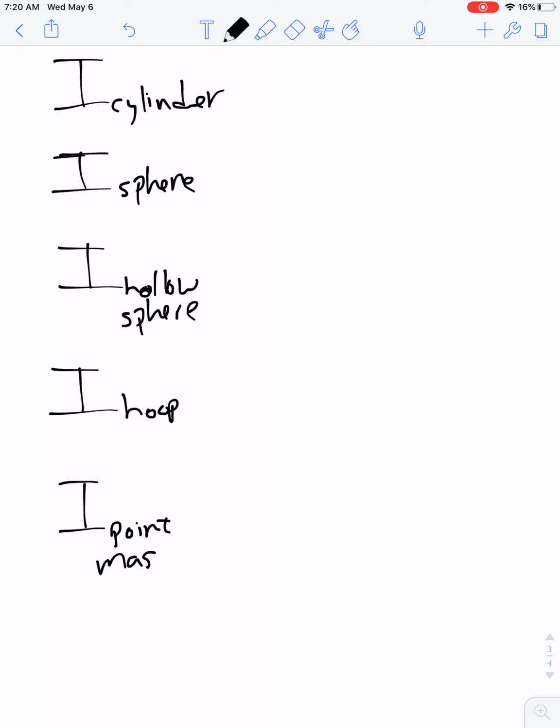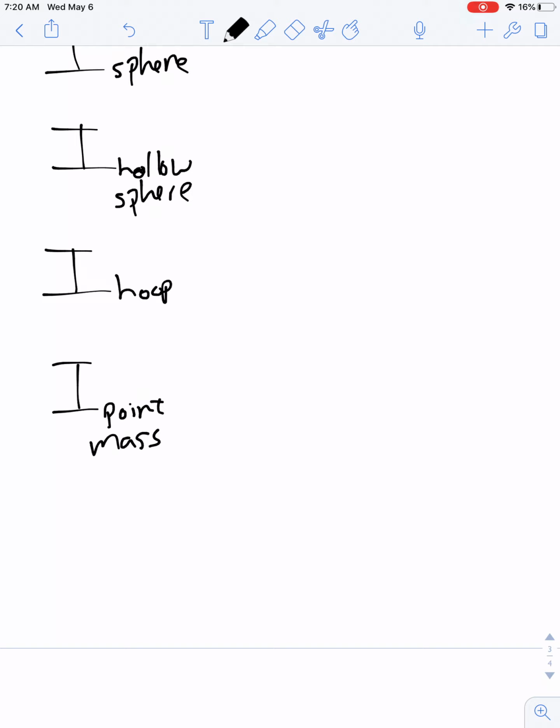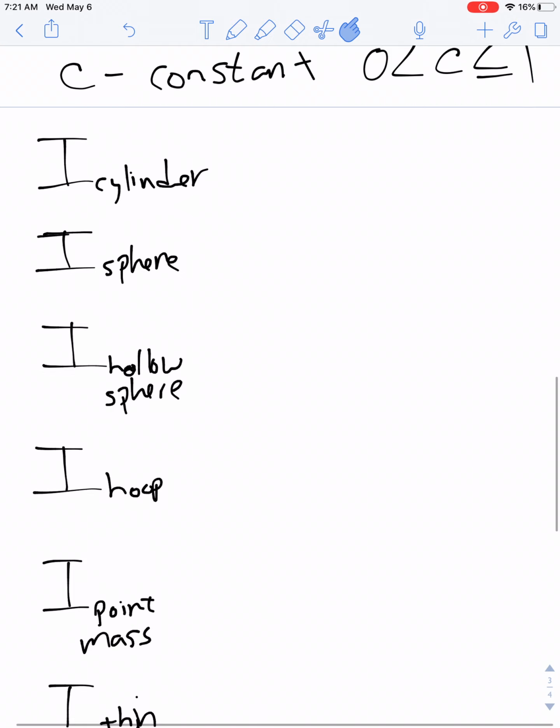A point mass would be something that's small and going around an object, for example a planet going around the sun. And then we're going to mention a thin rod. So what is the inertia for a thin rod? That'll be something we talk about. With that said, we're going to just basically be given these formulas. This is not something you have to memorize, but it's important for you to know where it is, and that you have this information and can reference it as needed.